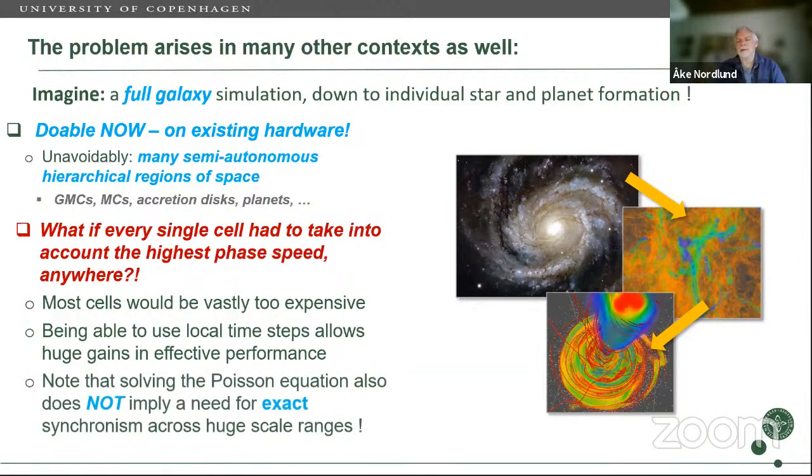I would also like to note in passing that there's this often mathematical understanding that self-gravity needs a Poisson solution, which means that it couples everything together. Of course, it couples with the speed of light, but for practical purposes that would be an infinite speed.